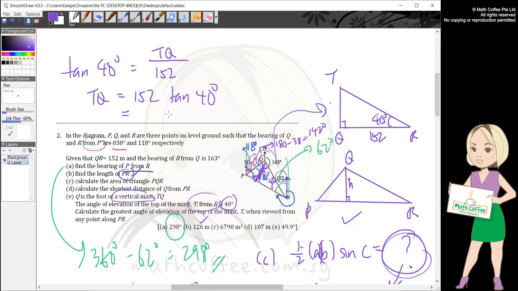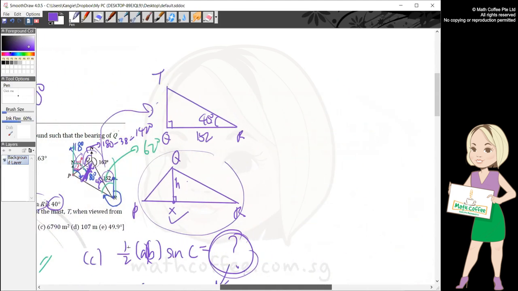And I get 127.543. And because I have this one already, you can now move to this one. Just now we were standing here, so-called standing here, this is the shortest distance, right? Then you will have to draw another right angle triangle.